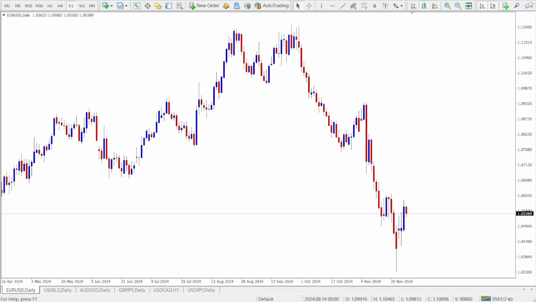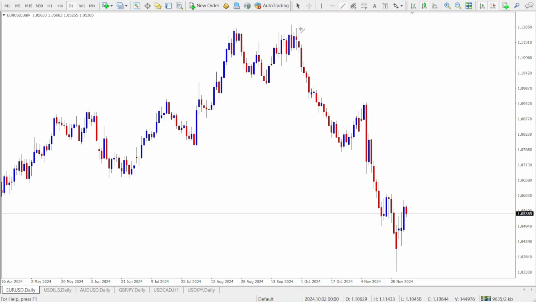First of all, in terms of time frame selection, as you can see, I'm currently on the daily chart on the Euro USD pair. The time frame you use for analysis is crucial. For a weekly strategy, you would want to focus on longer time frames, like the 4-hour or the daily charts. These charts will help you capture the overall market trend.